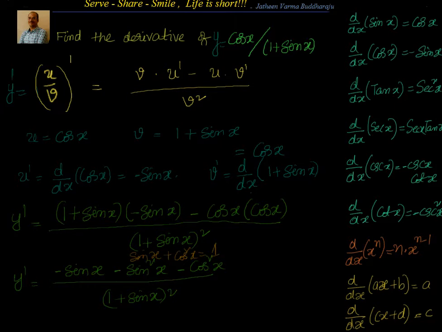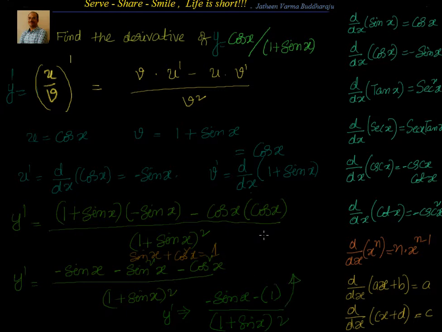So can I go ahead and substitute that? I will have y dash equal to minus sin x minus of sin square x plus cos square x, which is 1, divided by 1 plus sin x whole square. Again you can take minus common.